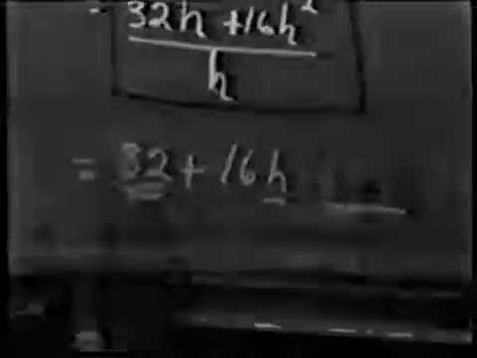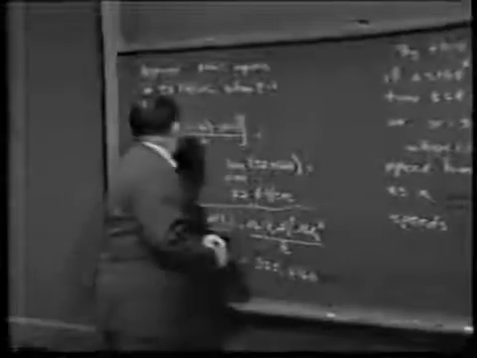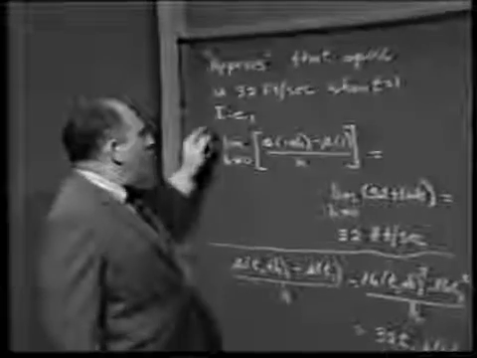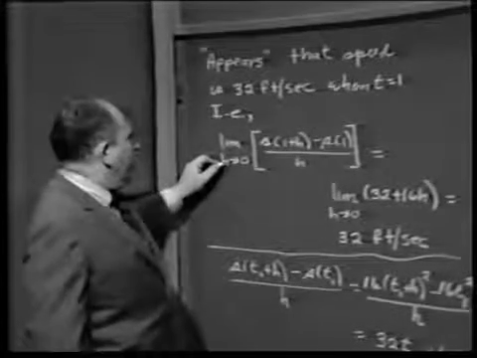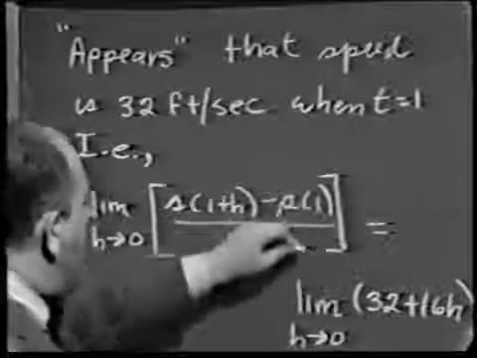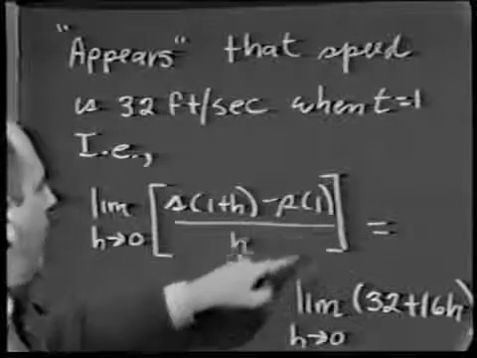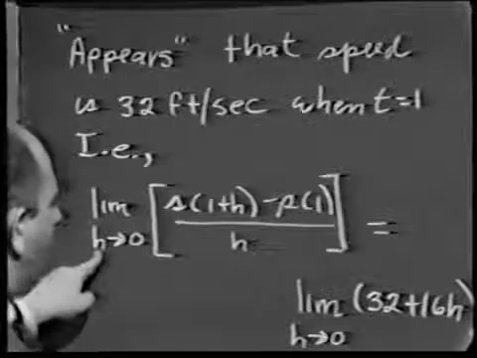In other words, it appears that the speed is 32 feet per second when t equals 1. And to reuse the vernacular, what we're saying is we compute the average rate of speed, s of (1 plus h) minus s of 1, over h, and see what happens to that as h approaches 0.